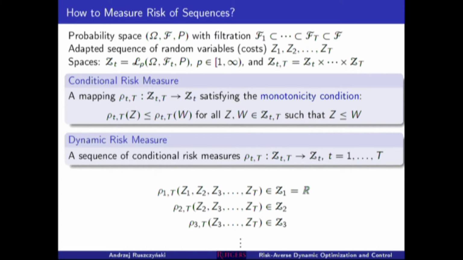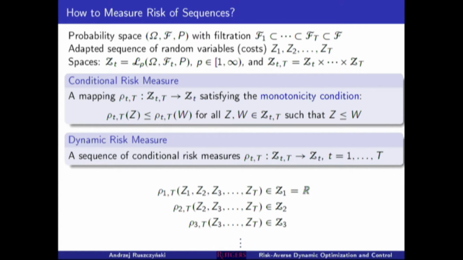Okay. So at the very beginning, when we have to evaluate the entire sequence, we shall obtain just a number. How much are we willing to pay today for this random cost? Tomorrow, we shall deal with the subsequence starting from Z2 to the last Z. And of course, the outcome of this evaluation may be different depending on what happened today.